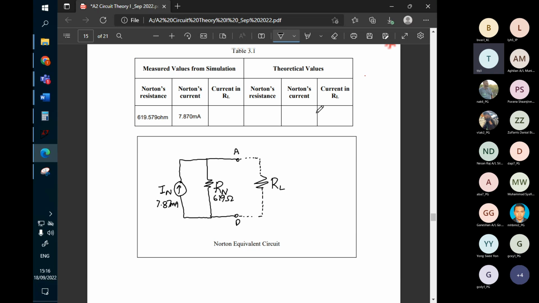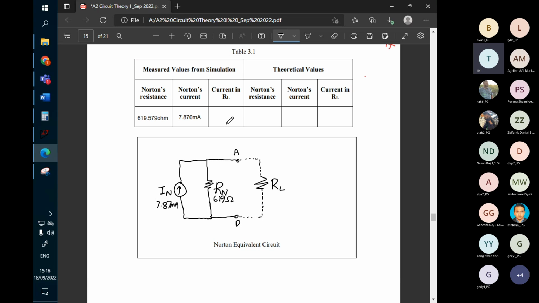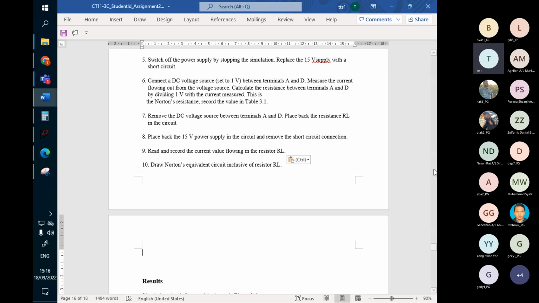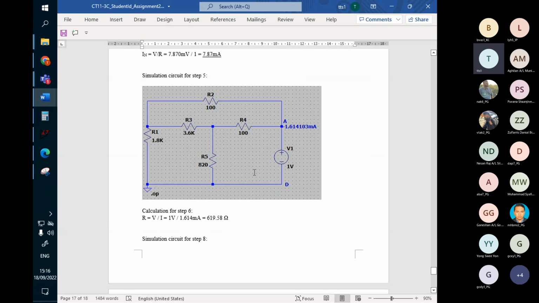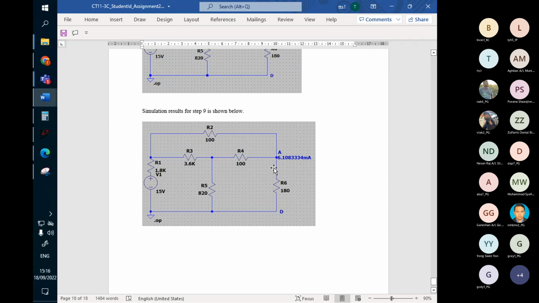So now the current that we measure using the simulation, the current through the RL, so-called IRL, is this one, 6.108. Okay, 6.108. This is our RL, by the way. 180 is our RL.